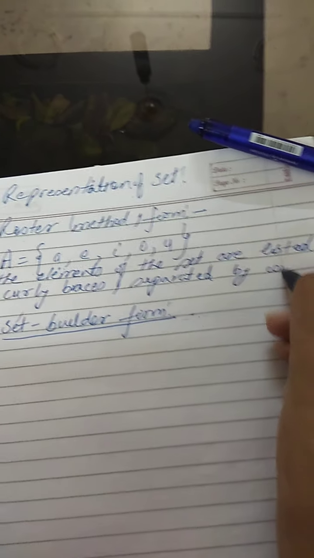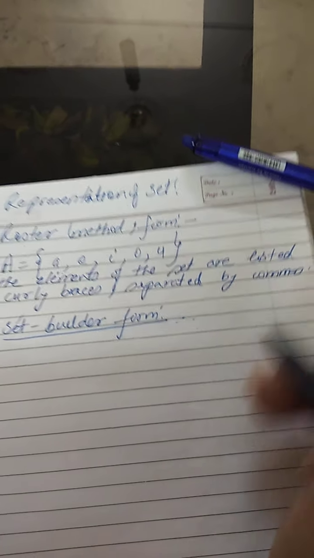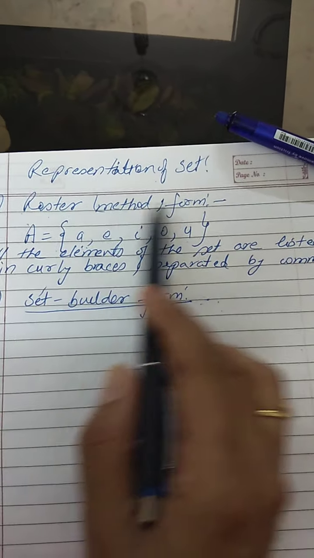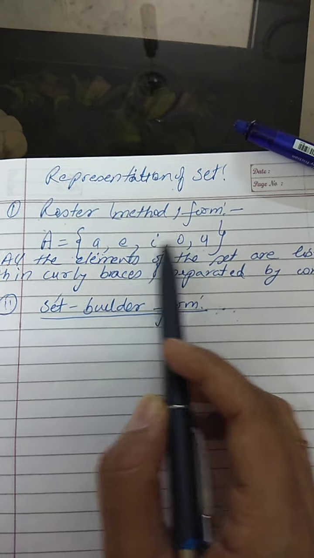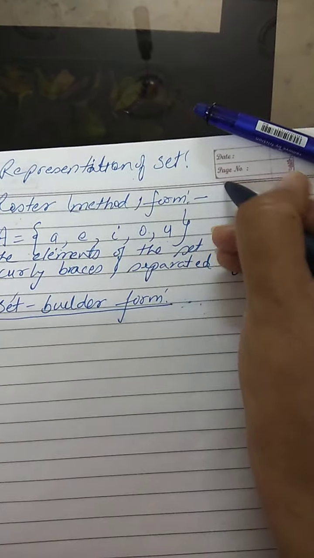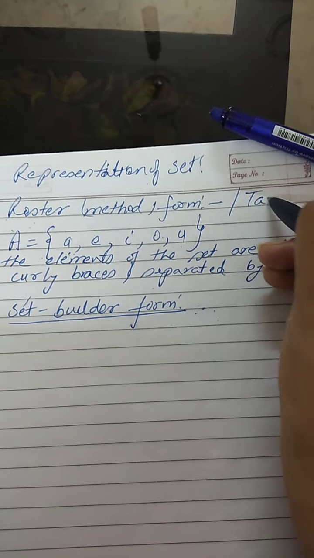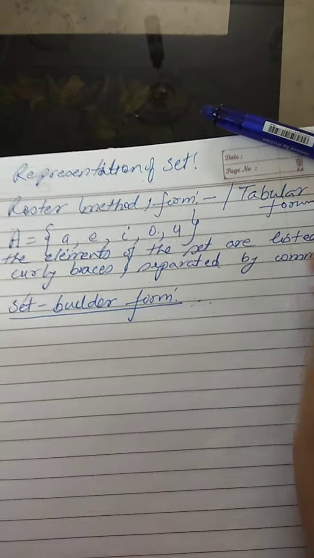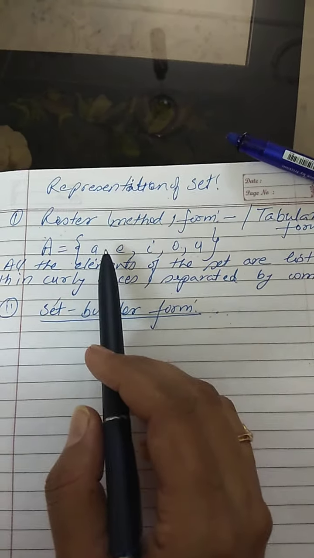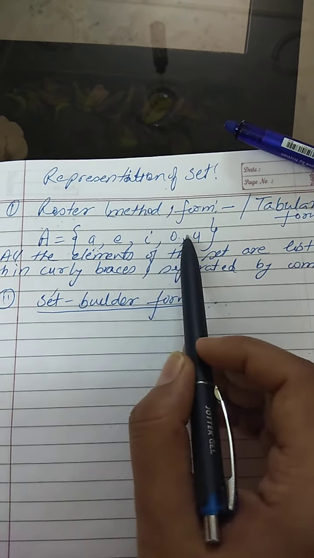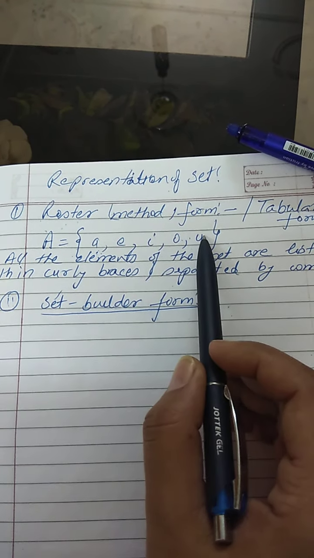So this is the first form of representation of the set, that is roster form, when you are listing each and every element. And this roster form is also called tabular form because you are listing everything, right? Most of the time we use the word roster form only. So all the elements separated by commas within curly braces.